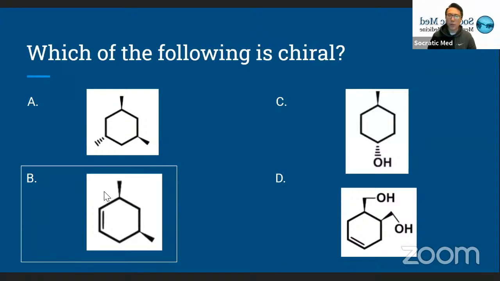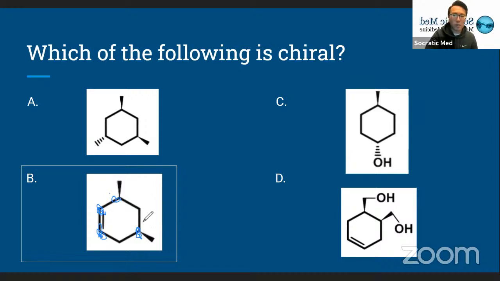Because of the double bond, they have 1 less bond than an sp3 hybridized carbon. So these carbons right here would not be considered stereogenic centers because they're only attached to 3 things instead of 4 because of this double bond right here. But these 2 are stereogenic centers because of the 4 different things attached to them.